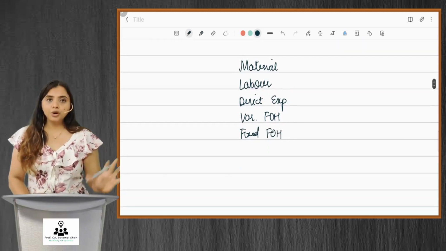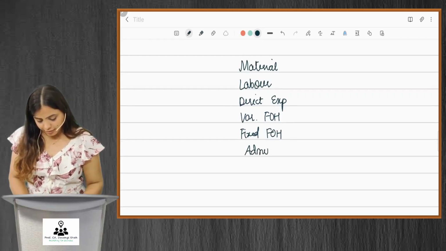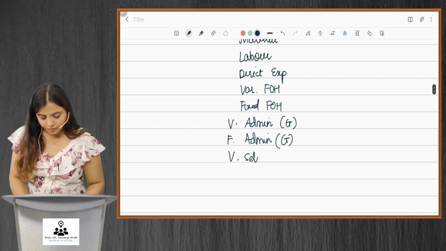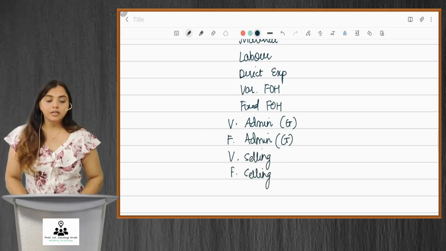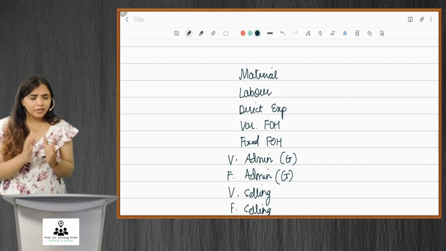Then you have admin overheads related to production in general. I'm just taking up general over here. Variable admin overheads, general. Fixed admin overheads, general. Variable selling overheads and fixed selling overheads. Right? So friends, these are the costs that we find in our cost sheet.